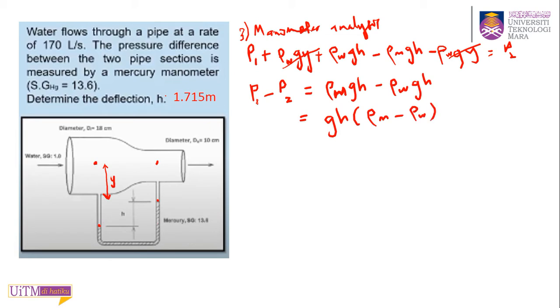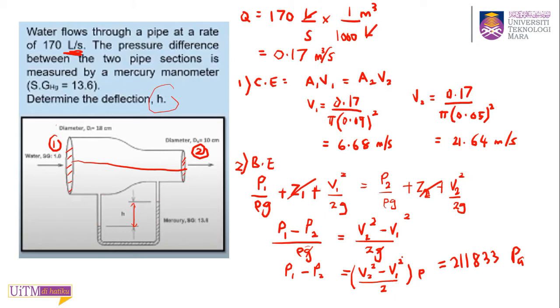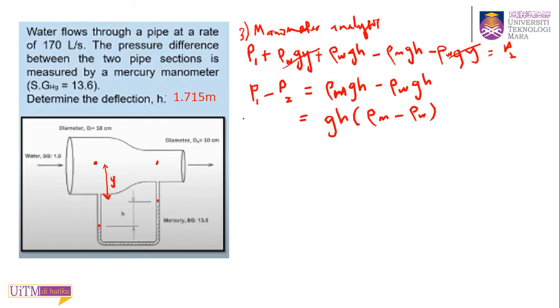The value for P1 minus P2 you already have here, 211,833. So you can find your H, what you want to find.